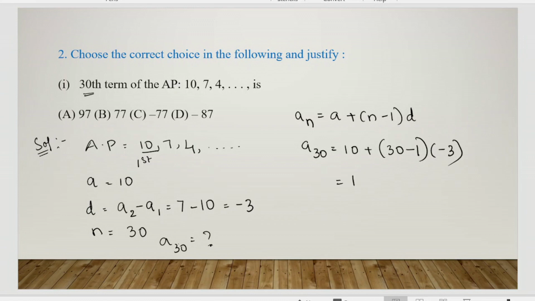So it becomes 10 plus 29 into minus 3. 29 into 3 is 87, which becomes minus 87. So A30 will be 10 minus 87, which is minus 77. So C is the right answer.